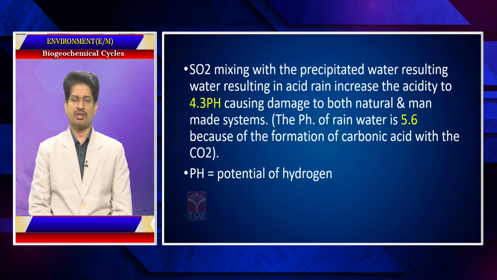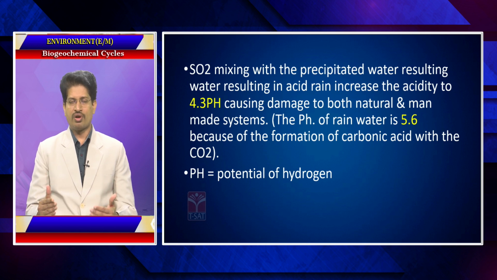The reason behind it is, the atmosphere naturally contains carbon dioxide, forming carbonic acid. That is the reason why rainwater is acidic. The natural pH of rainwater is 5.6. But adding fuel to the fire, when fossil fuels are burned, sulfur dioxide, nitric oxide, etc. are released, forming sulfuric acid and nitric acid, lowering the pH of the rainwater to 4.3.